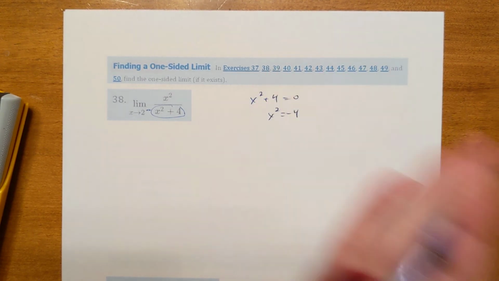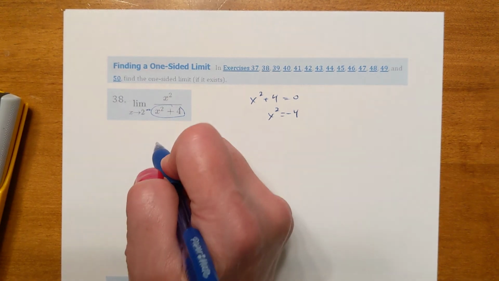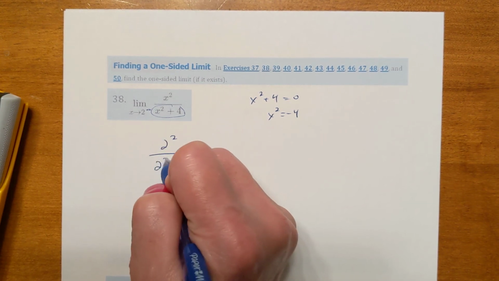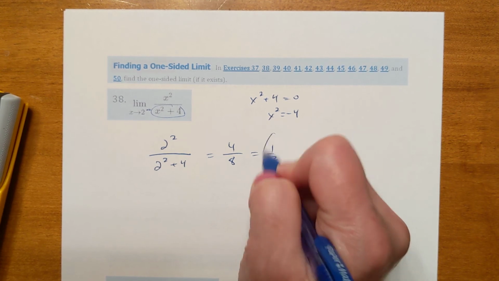X squared is never -4, so there's never a place where it's going to equal 0, so it never has any asymptotes. So we can just plug in the 2 and get the answer. So if you plug in 2, you get 2 squared over 2 squared plus 4. So 4 over 8, so a half.